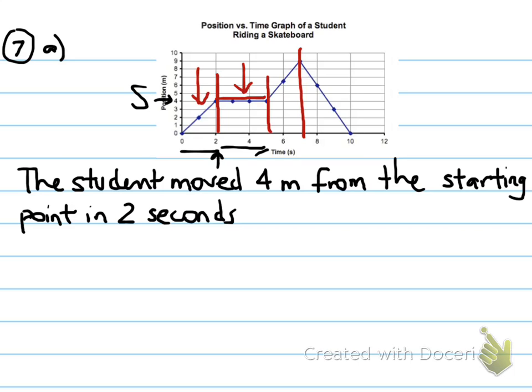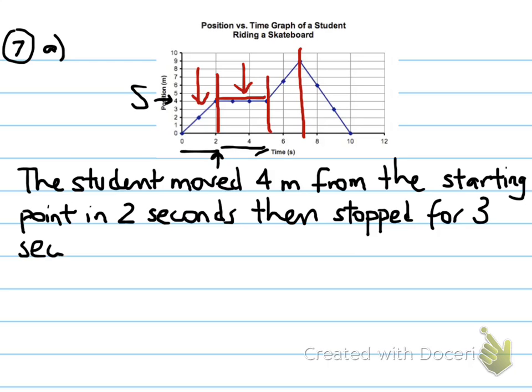So the student moved 4 meters from the starting point in 2 seconds, then stopped. Okay, how long did they stop? For 3 seconds. Okay, so I've just summarized the first 2 sections here in that one sentence.